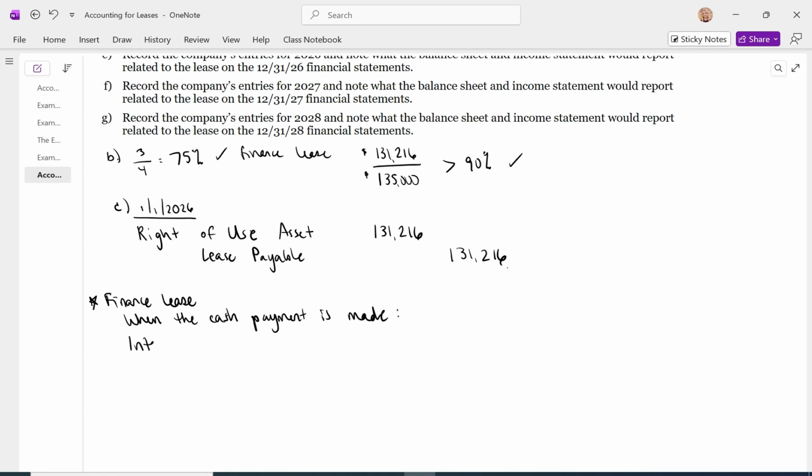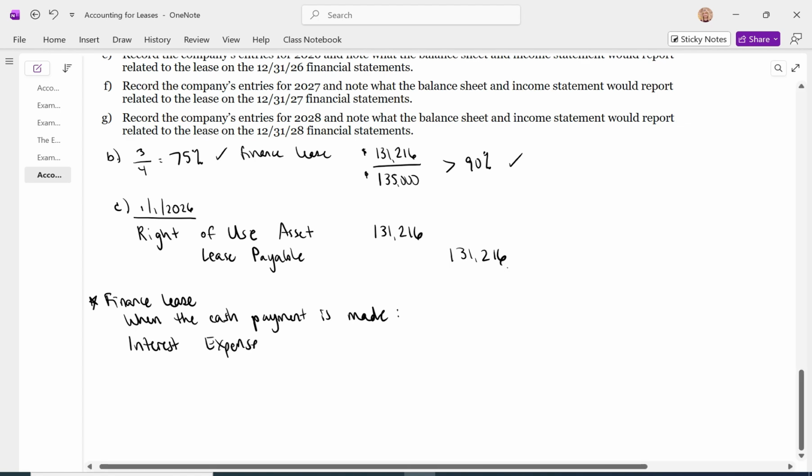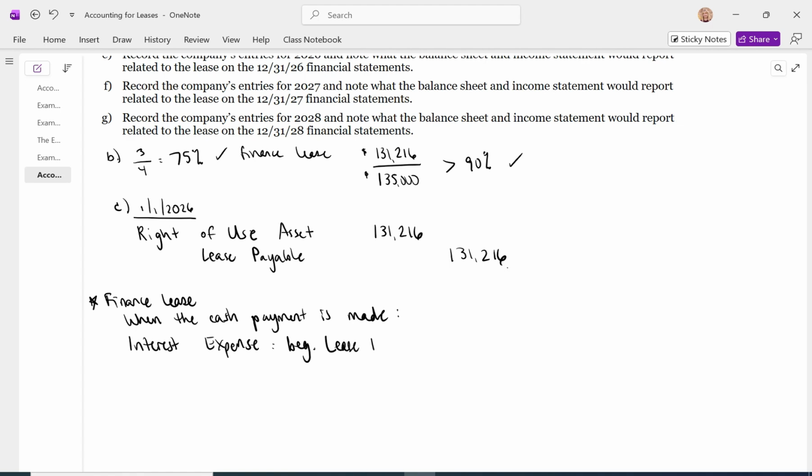And the portion that's interest, we need to remember the formula for interest expense. And it's going to look very similar to our interest expense when we use the effective interest method, when we were looking for investments, or on the other side of it, when we were looking for a bond that was issued at a discount. We're going to take the beginning, where we said carrying value of a bond, now we're saying the beginning balance in the lease payable. What is the outstanding liability amount?